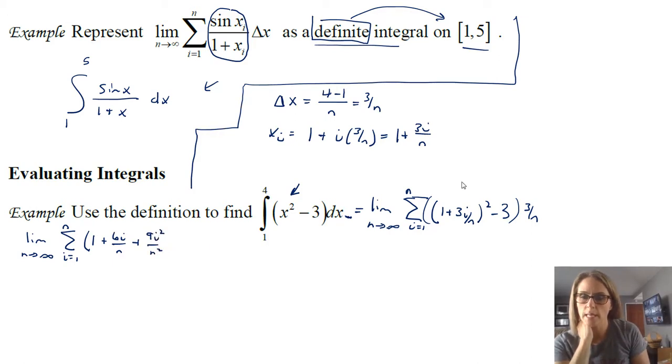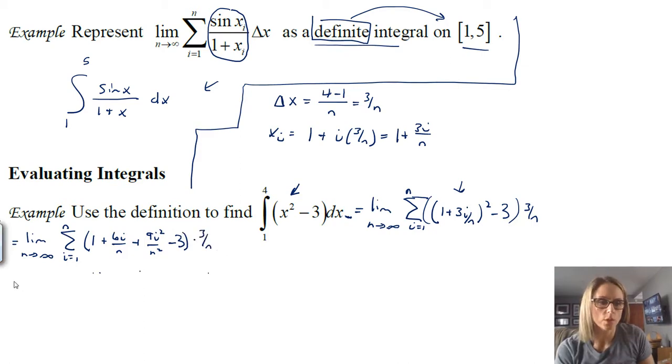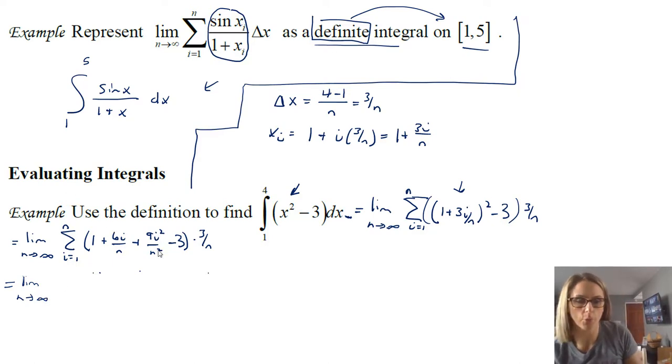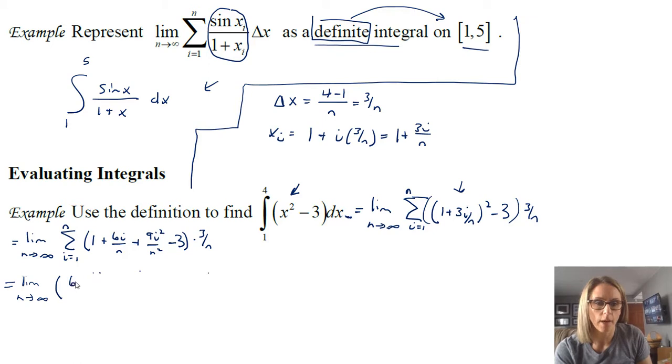So that's just taking this binomial and squaring it, minus 3 times 3 over n. Due to spacing, that's why you're seeing this down below instead of next to it. But we'll look at the same limit, and now I'm going to actually do my summations, and I'll leave the 3 over n on the outside. So we have 6i over n.